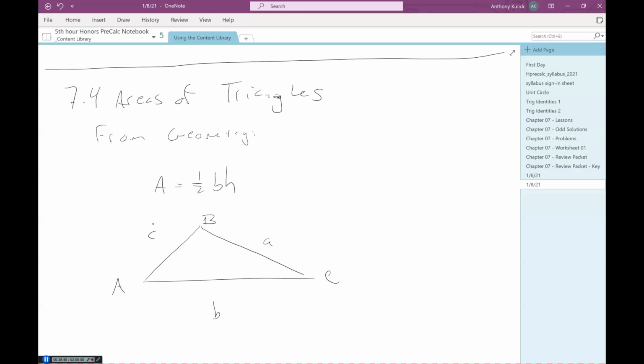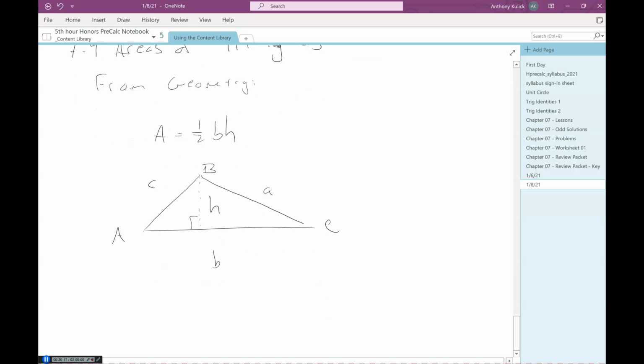Okay, so what's the height then? Yeah, we have to draw an altitude here from angle B back down to the base, and that would be our height. Okay. So how would I find that length for the height if I wasn't given it?